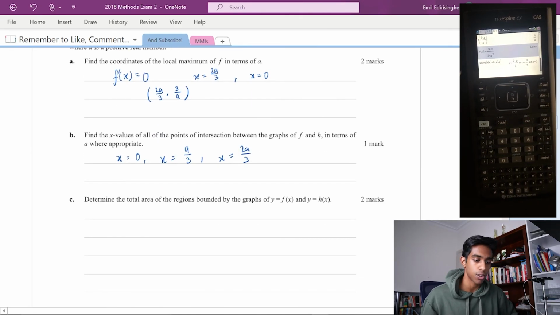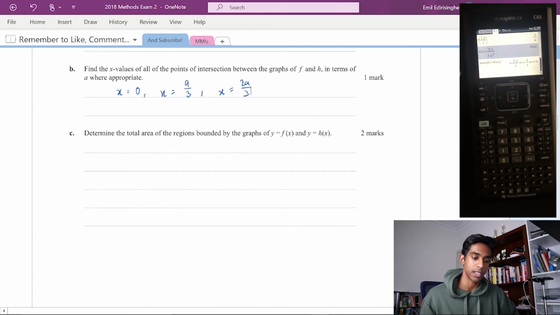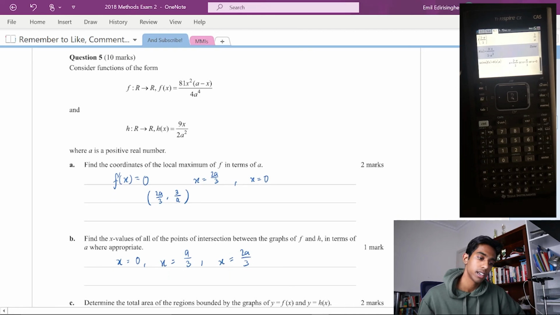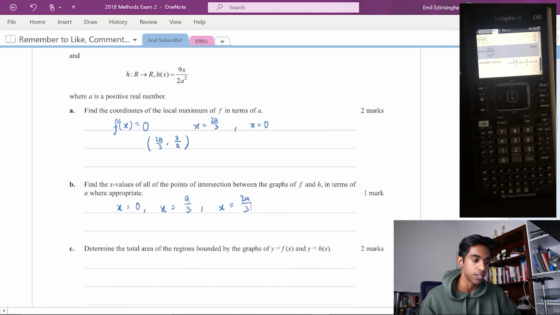So now we have to find the total area of the regions bounded by the graphs of y equals f of x and h of x. So looking at this, since the local maximum of f is at 2a on 3, it's likely that the graph will look like where f of x is greater than h of x.